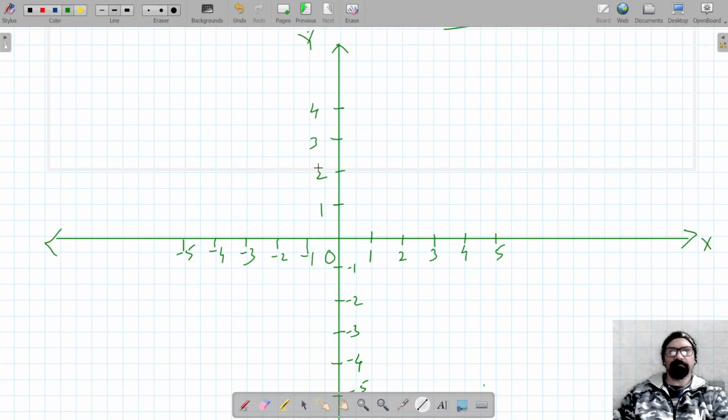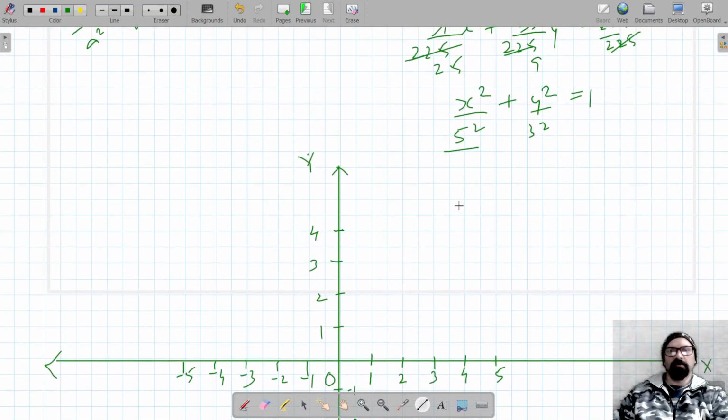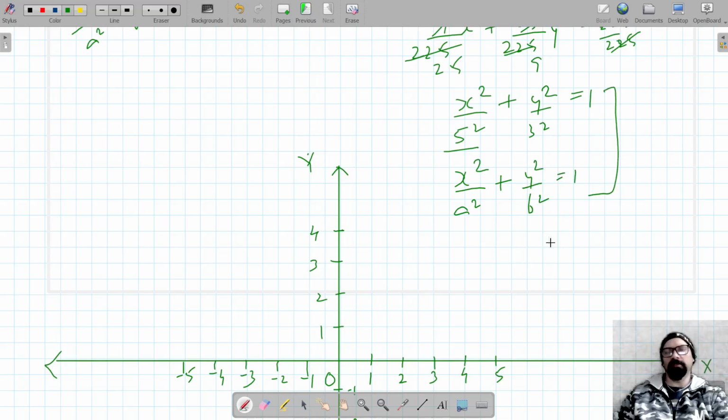So if we compare this with the equation x square upon a square plus y square upon b square is equal to 1, if we compare these equations, which gives me a square is equal to 5 square, which is a is equal to plus minus 5, which is the semi-major axis, and similarly b is equal to plus minus 3.